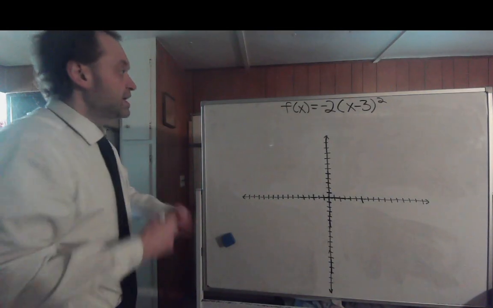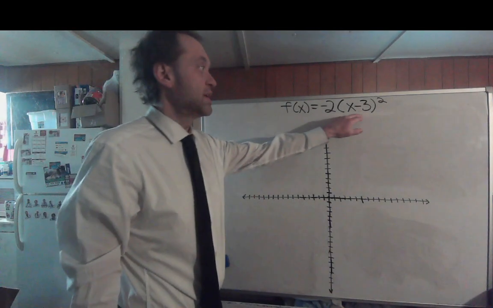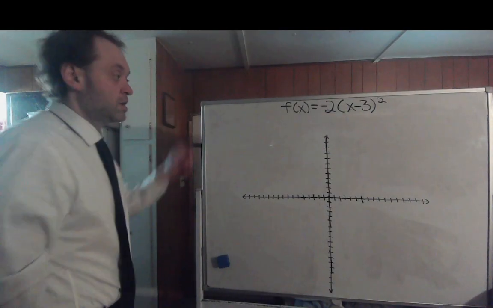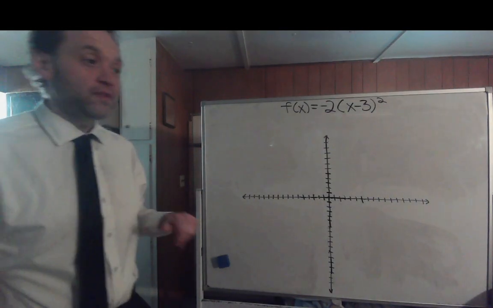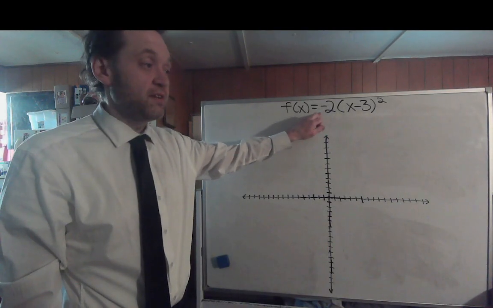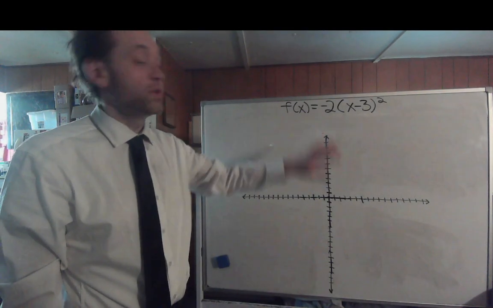So I have f of x equals -2 times the quantity x minus 3 squared. Well, let's start with your coefficient still. Your coefficient is negative, that a is negative, so it's going to open downward.